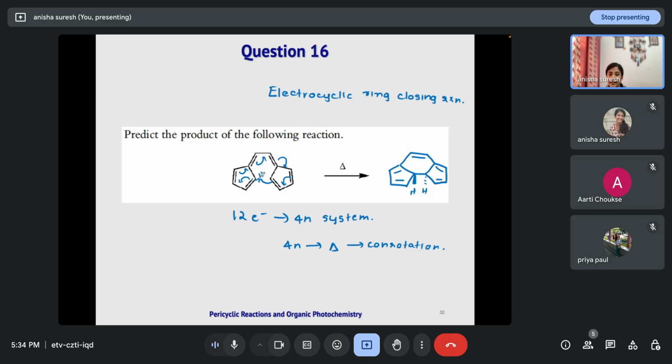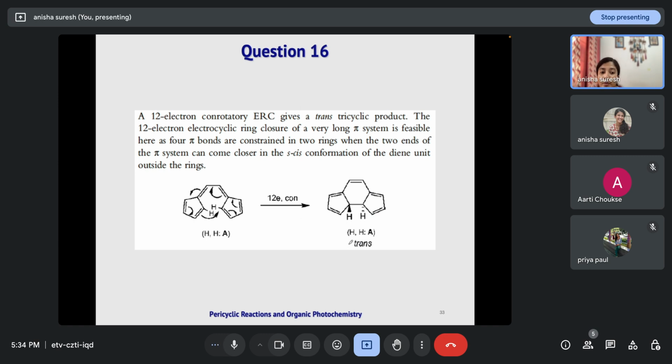So here if you are considering two hydrogens, once it is undergoing conrotation, this can go down and this will be going above. Okay. Yes, ma'am. So the final product formed will be trans in case of the electrocyclic ring closing mechanism.